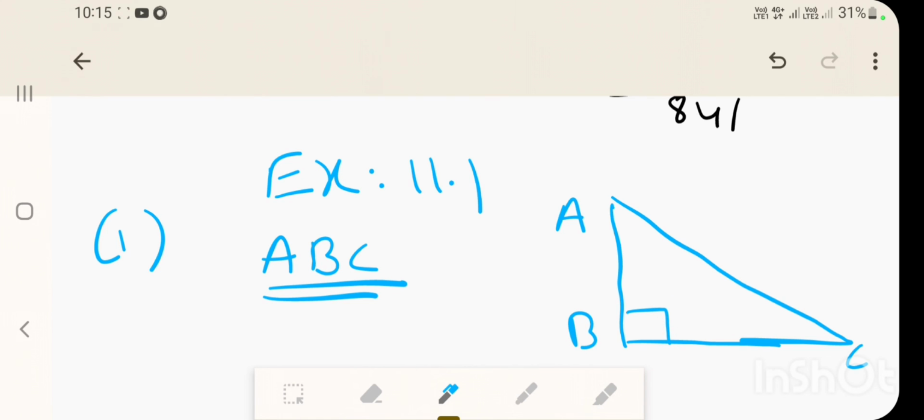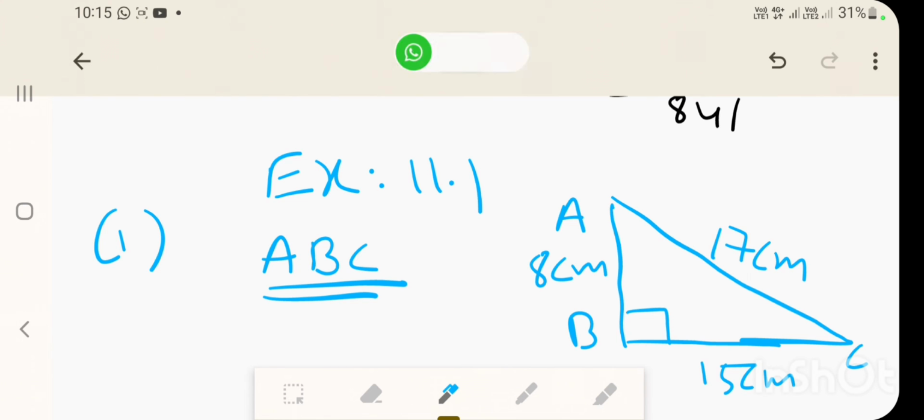AC is given as 17 centimeters, BC is given as 15 centimeters, and AB is given as 8 centimeters. These are the given lengths.